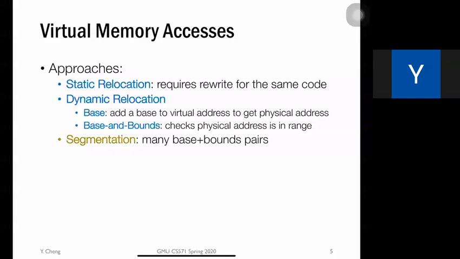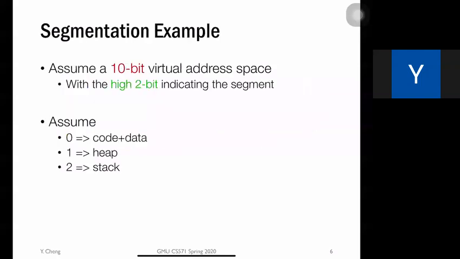Okay, so let's further zoom in and see how the segmentation approach works. This slide shows a really simple example of segmentation. Assume this targeted virtual address space has 10-bit virtual addresses, and in order to support fine-grained segmentation, you need to logically partition a virtual address into two parts, the high bits part and the low bits part.